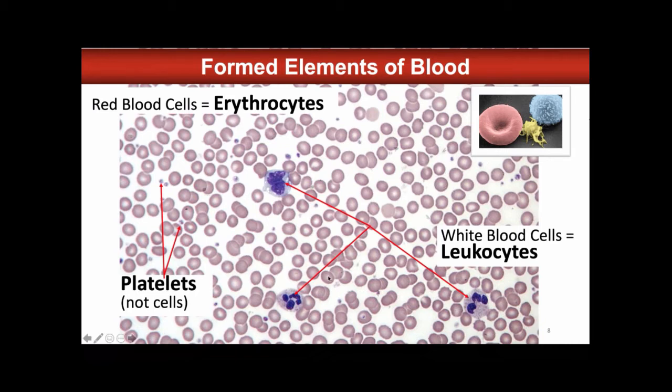So white blood cells, lots of different kinds of leukocytes. And we'll learn a lot more about leukocytes when we talk about the immune system in, I think it's week 12.